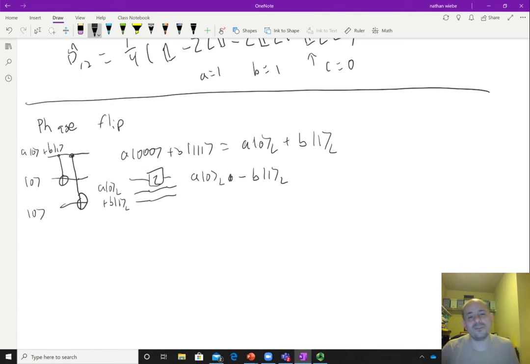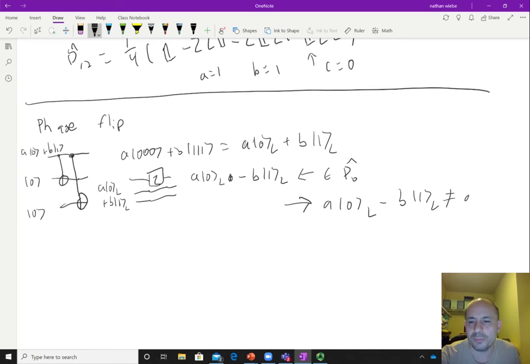Now, because this is in the support of P0, if we tried to do the bit flip code in order to correct this, we would end up just mapping that back to exactly the same thing, which is not equal to our input, which was A|0_L> plus B|1_L>.